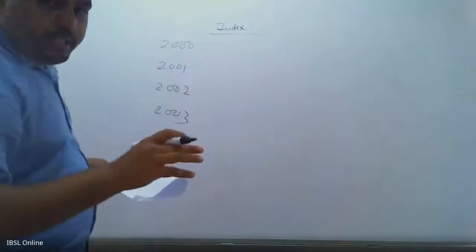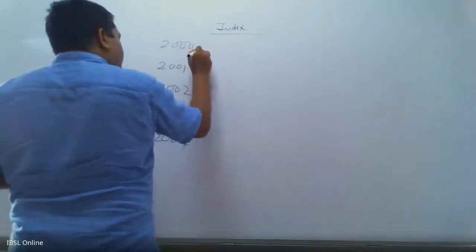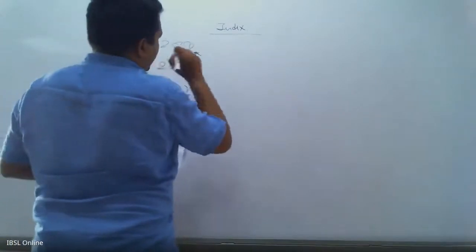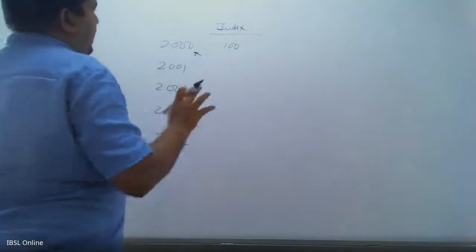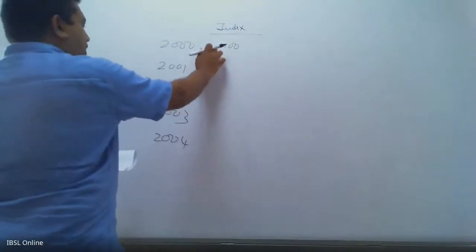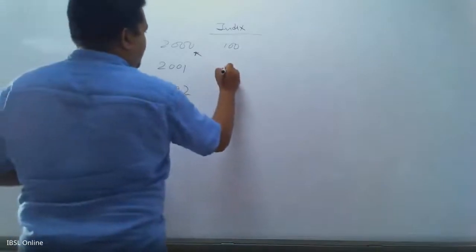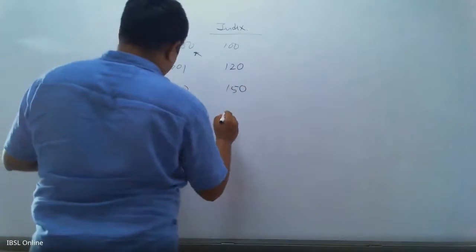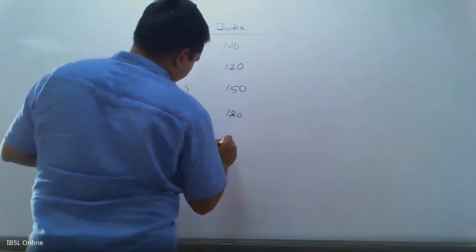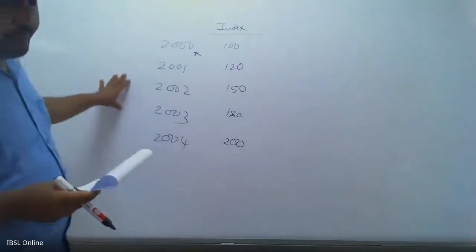This particular index will have the base year as year 2000 in the first instance, defined as 100. Compared to this 100, the rest of the years will get values of, let's say, 120, 150, 180 and 200. That's the starting point.